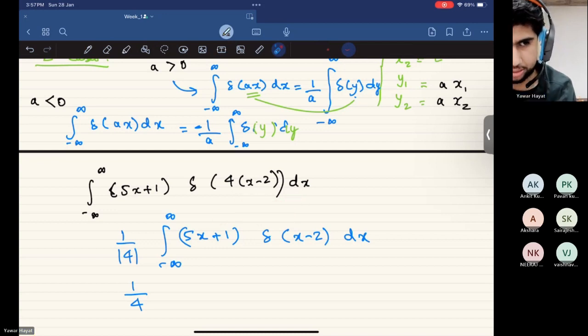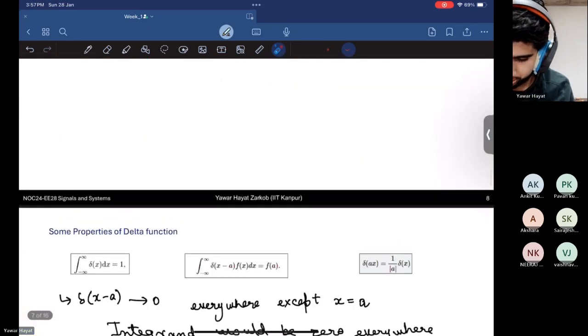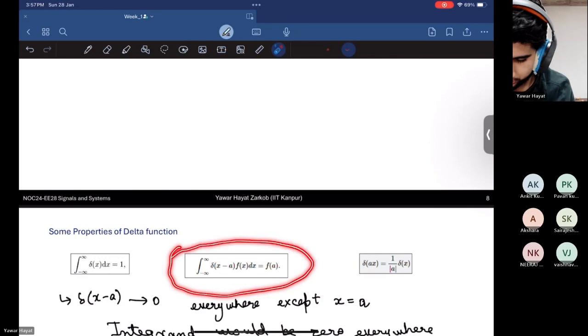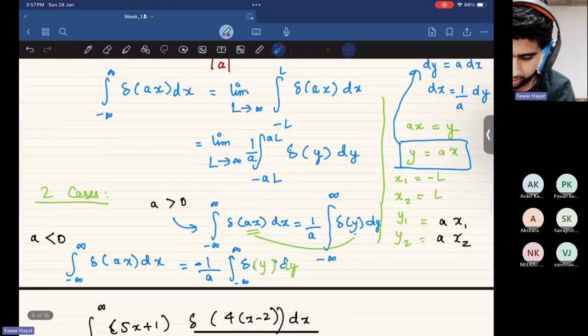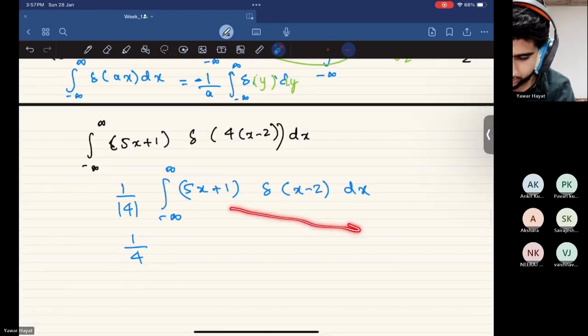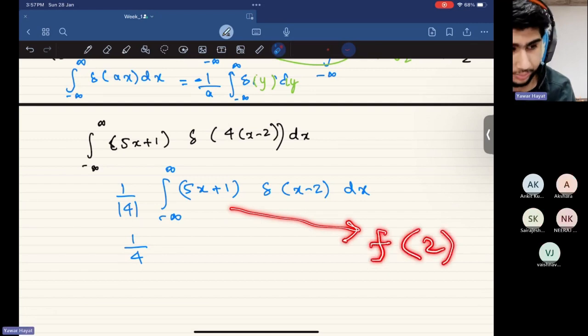And we saw this property: if we have delta of x minus a and a function of x, this delta function picks the value of the function at a. So this is f of a. What should this be? By that logic, this should be f of 2, right?